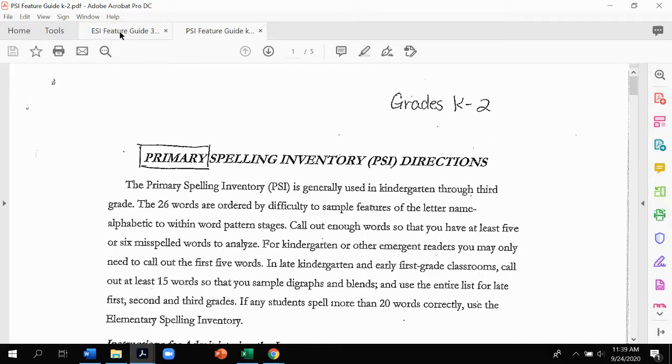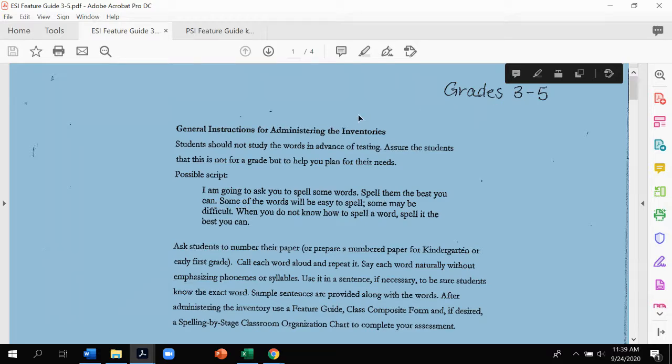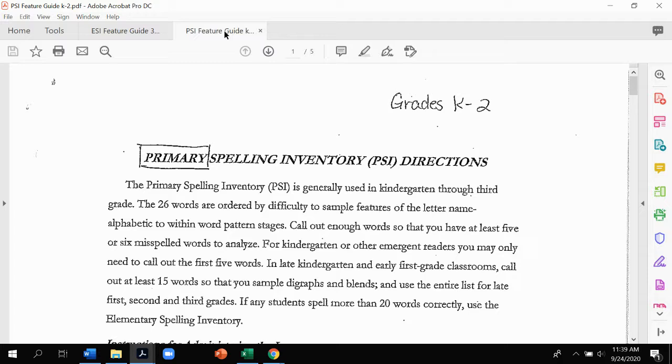Just to flip over to the elementary level feature guide, this particular one is for grades 3 through 5. It's called the ESI, where the other is the PSI. I'm going to start with the PSI just to show you an example of what this looks like.